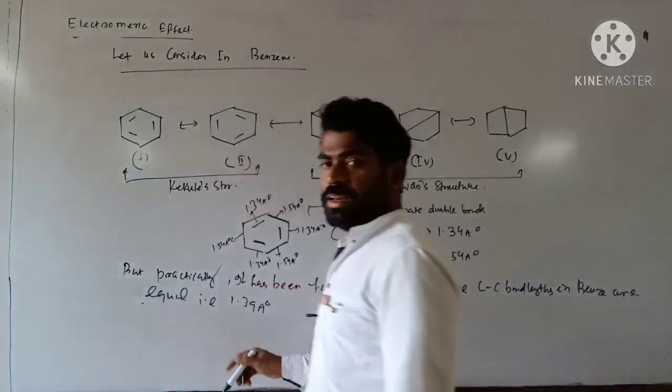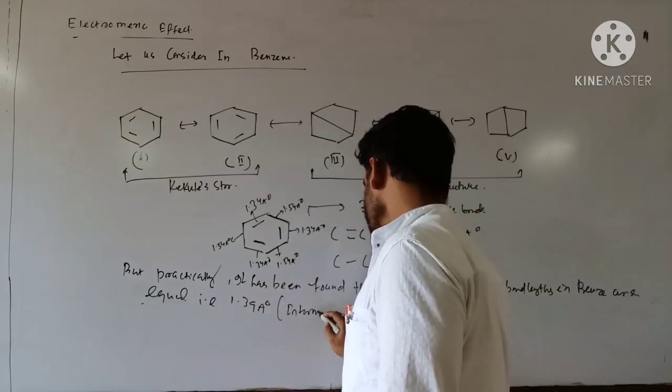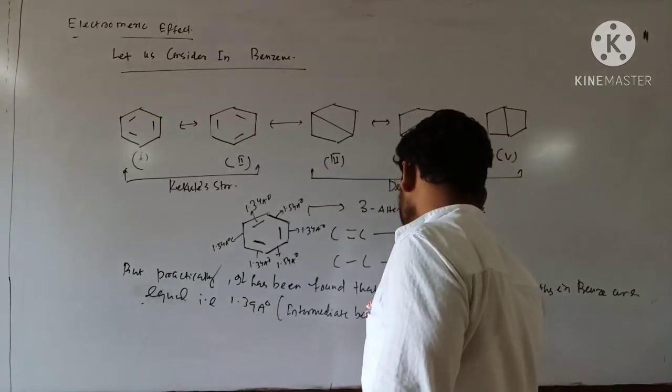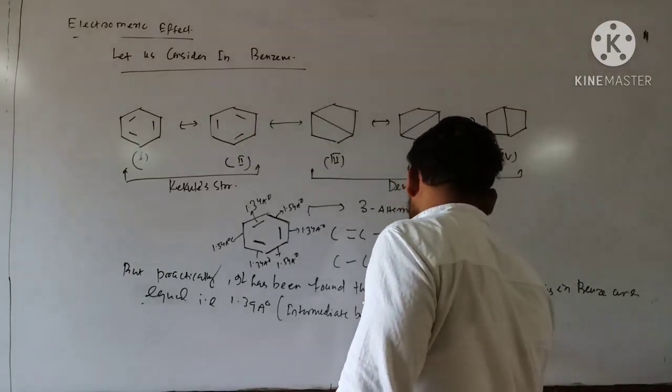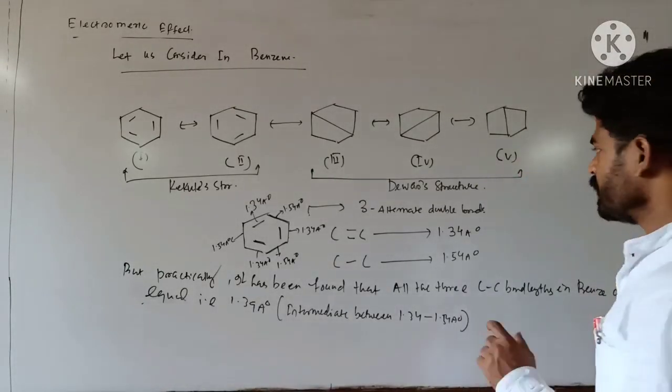So 1.39 means that it is intermediate between 1.34 and 1.54 angstrom. Clear? How does this bond length become equal? That is due to resonance.